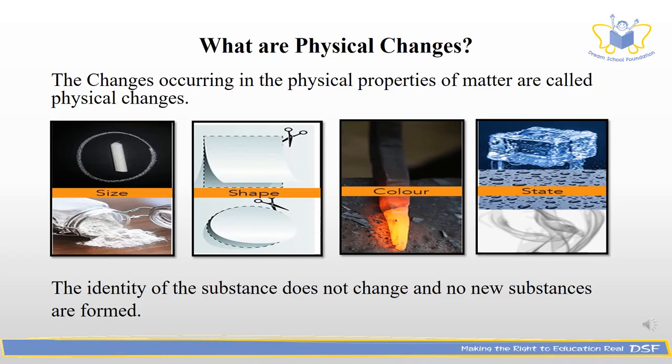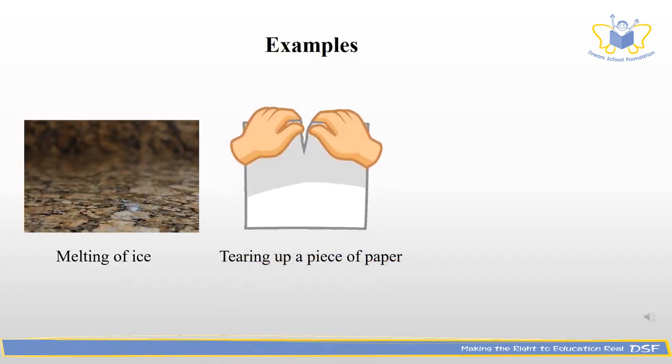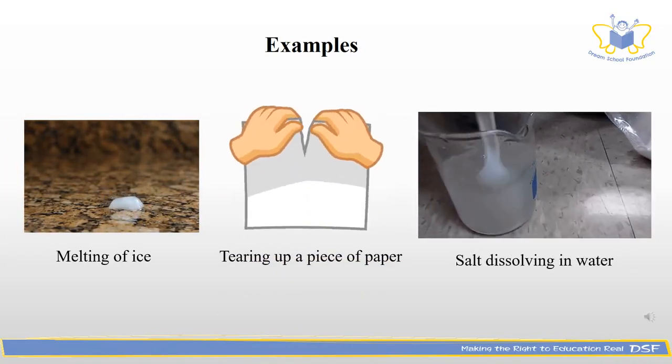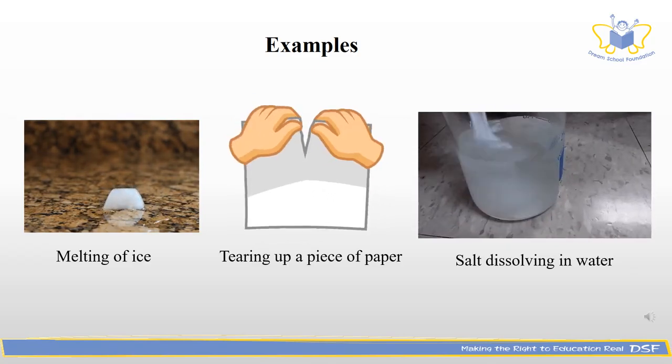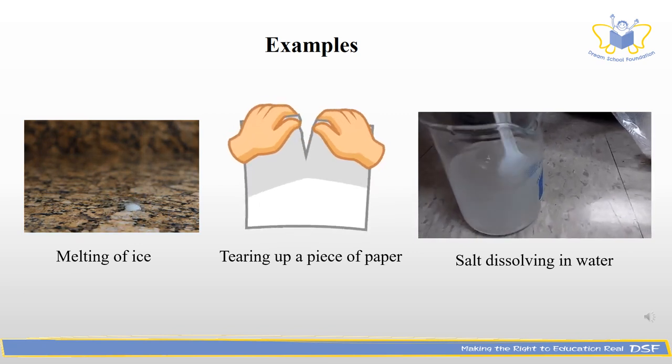Only changes occur in physical properties but not in their identity. Examples of physical changes are melting of ice, tearing up a piece of paper, salt dissolving in water. Here, the physical properties of matter, which is size, shape, are changed, but the identity remains the same.